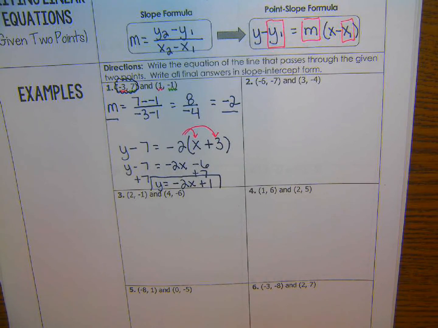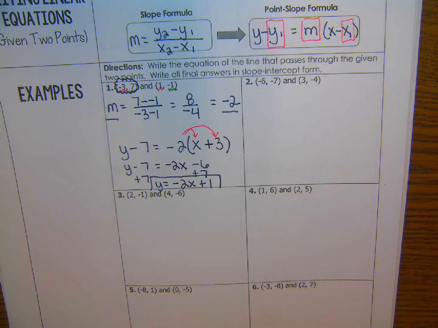So x minus 1. What did I get? So the reason why it doesn't matter if you pick either point is when you distribute, you're going to get the same thing. So pick whatever point you want.